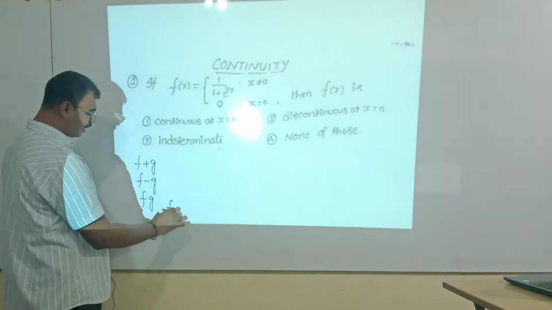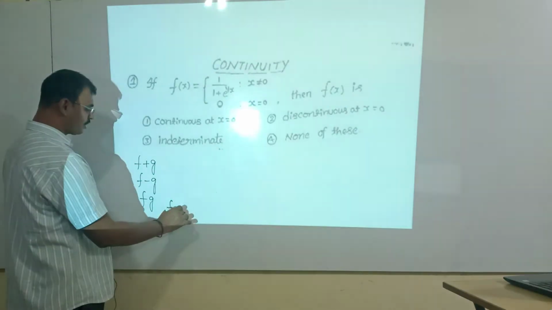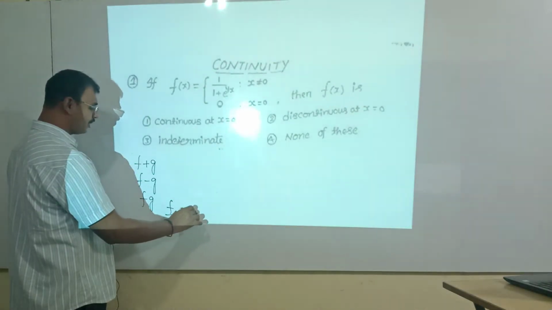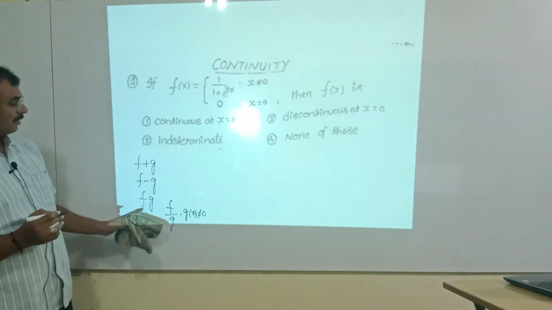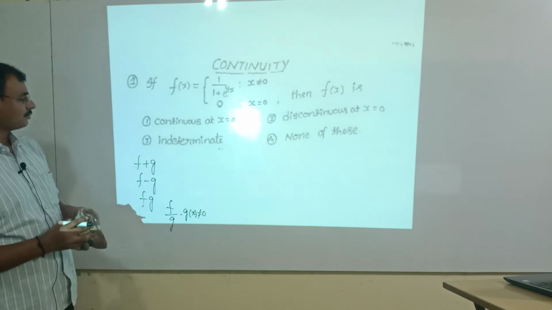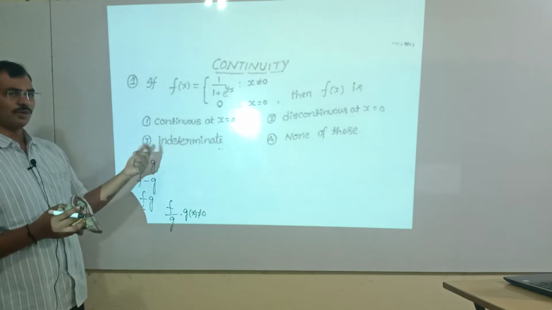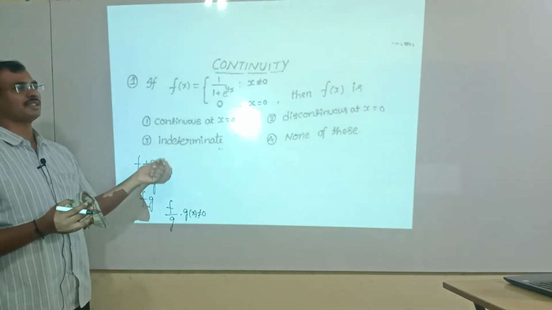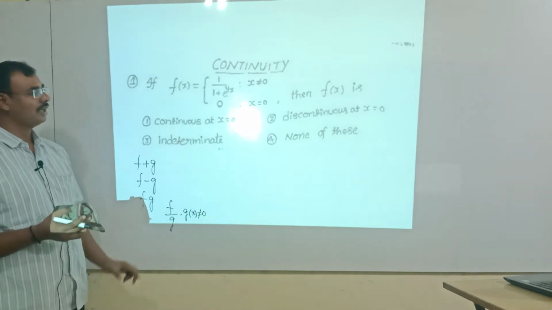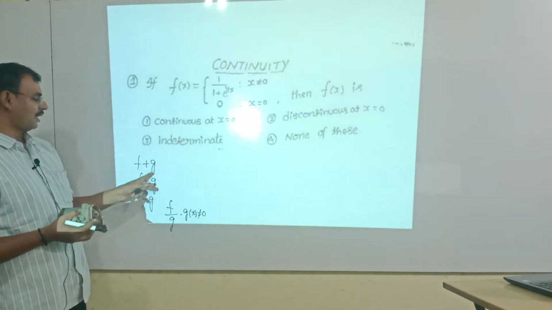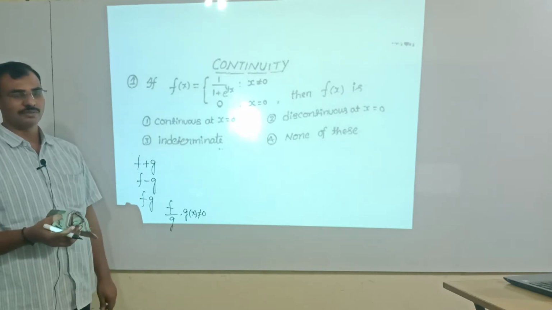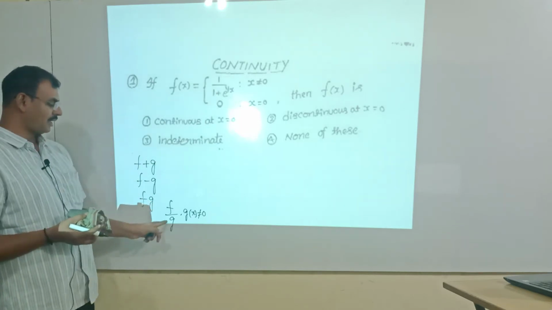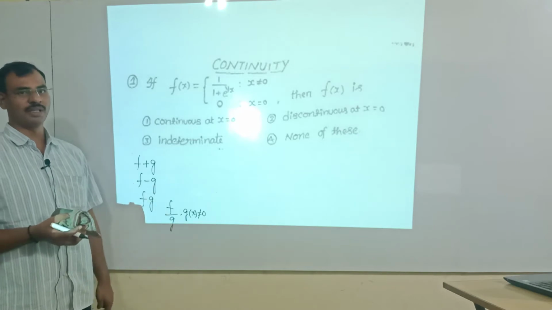And the division f by g is continuous provided g of x is not equal to 0. So these are the algebraic continuity properties. Sin x and cos x are both continuous, so sin x plus cos x is also continuous. According to these properties, we can easily say whether a function is continuous or not. Remember all these properties given in the theory classes.